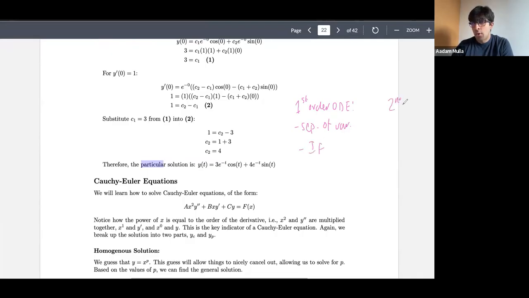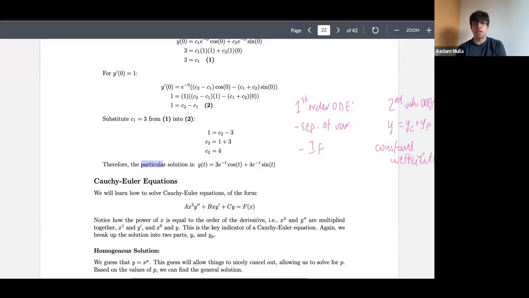Second order ODEs: the key idea is that y general equals y complementary, so the homogeneous solution, plus the particular solution. We know how to do this for constant coefficients. Okay, that's where we're at right now.